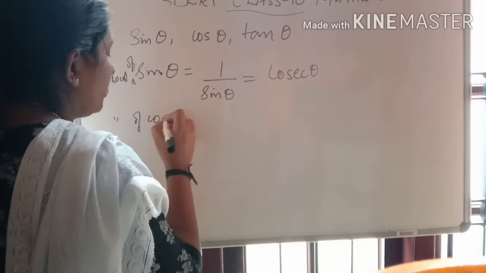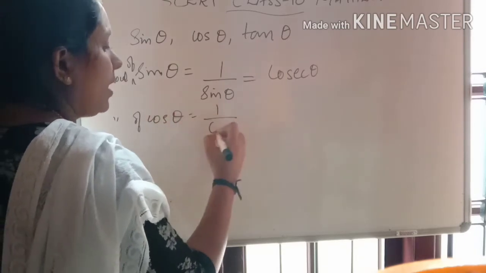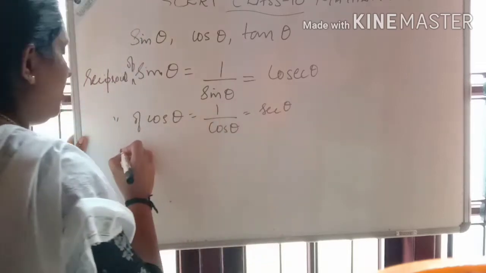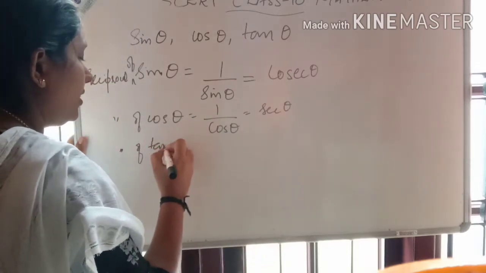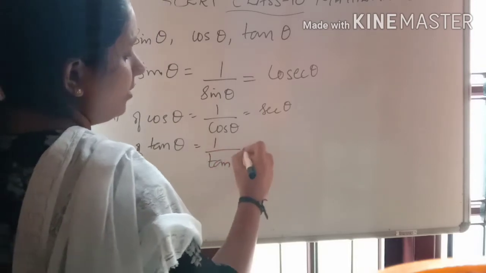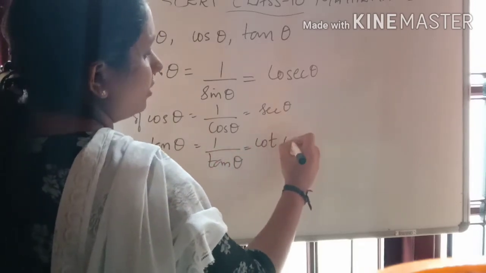Reciprocal of cos theta is 1 by cos theta, that is secant theta. Reciprocal of tan theta is 1 by tan theta, that is cot theta.